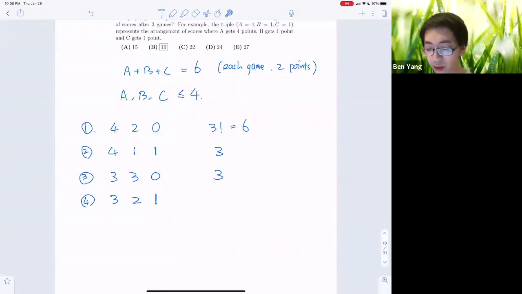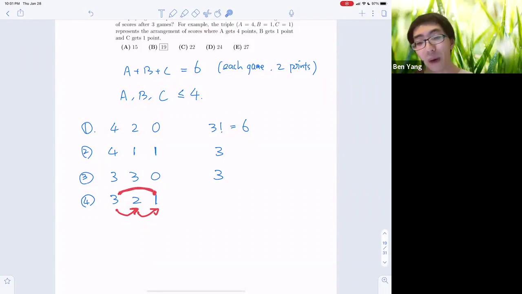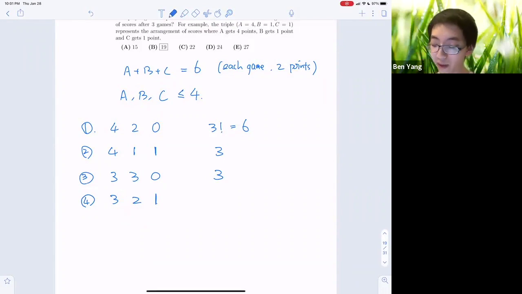This is also possible because maybe the first guy beat the second guy, who beat the third guy. Well, the first guy and the third guy, they have a tie. So that's how they got 3, 2, and 1. So it's possible, and there are 6 cases. Again, 3 factorial.